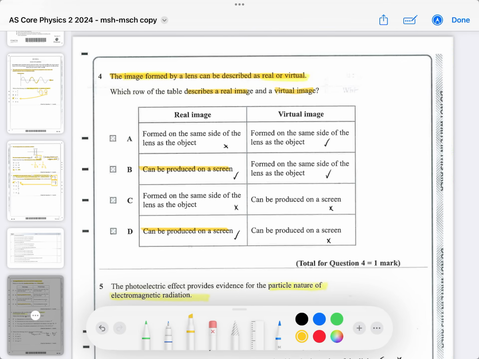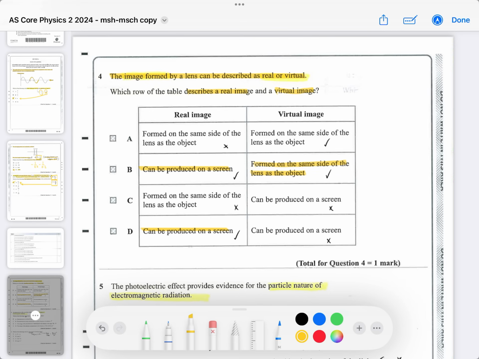So whenever you see a real image, just remember it can be projected onto a screen. And the virtual image is formed on the same side of the lens as the object. And that's why it's a virtual image. It's not really there.